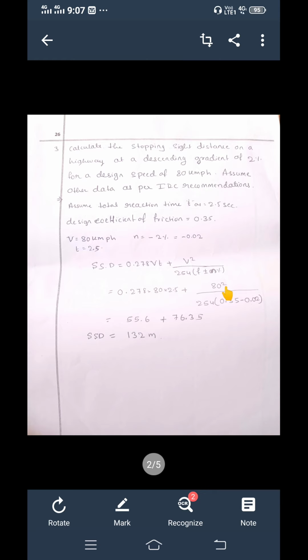So here, when the gradient is upward, we need to have a lesser distance, isn't it? For that, n will be plus.